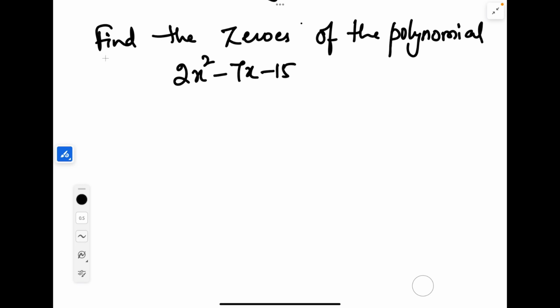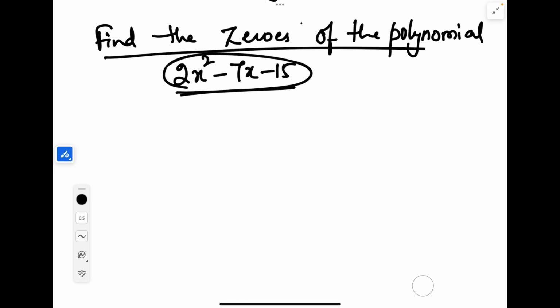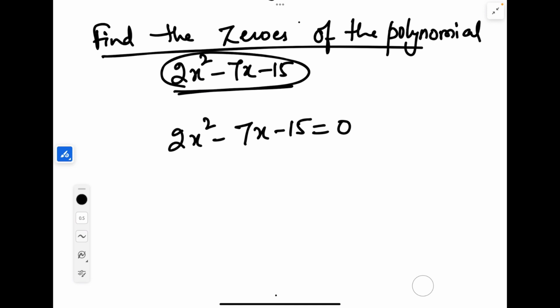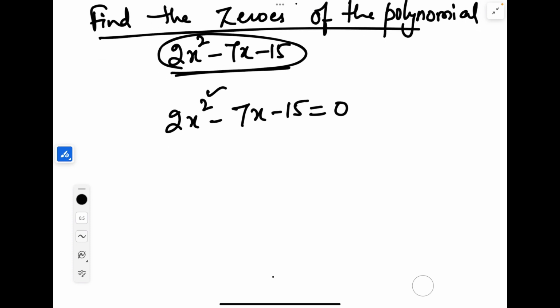Children, let us see this question. Find the zeros of the polynomial. So to find the zeros of the polynomial, just now we have discussed, equate this with 0. Okay, so 2x square minus 7x minus 15 is equal to 0. Children, the degree of this polynomial is 2. That means it's a quadratic polynomial and we will get 2 zeros, right? So let us factorize this before we find the zeros.